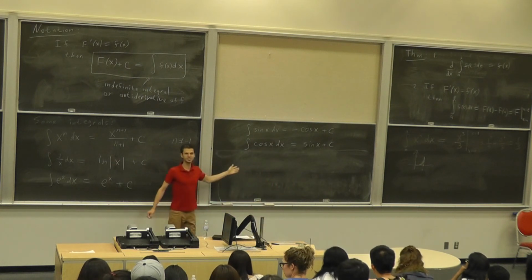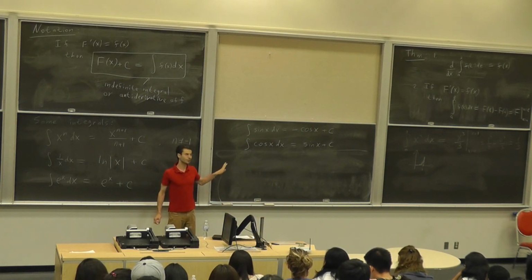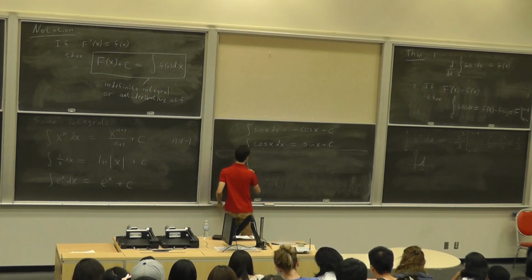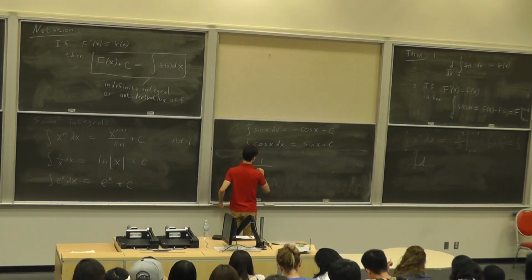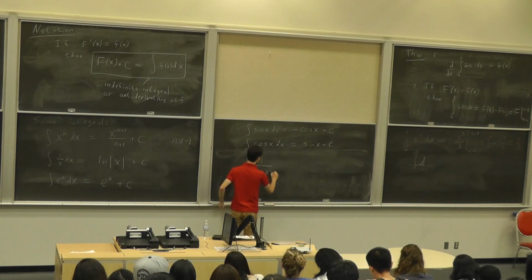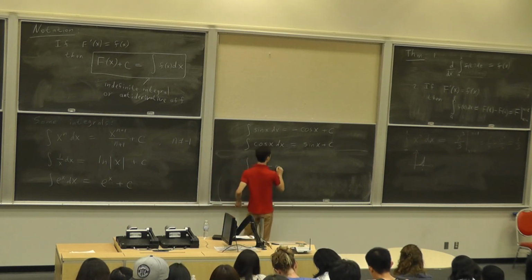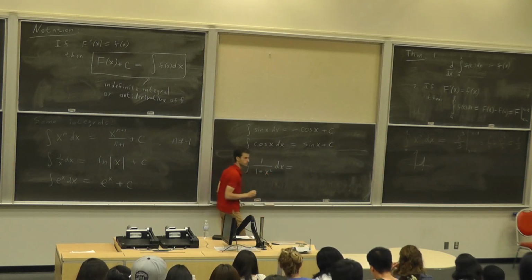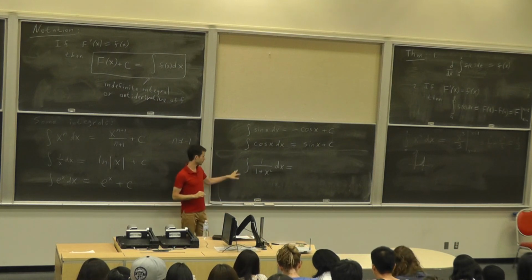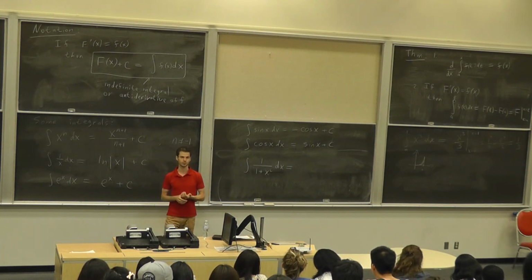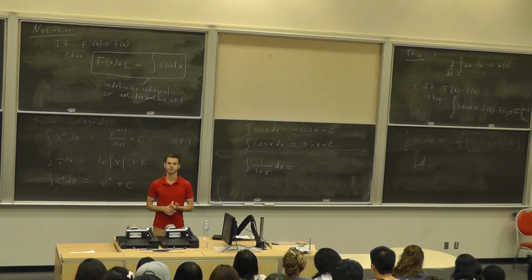And before we finish this list, I'll recall one more important function. Function whose derivative turns out to be 1 over 1 plus x squared. Does anyone remember a function whose derivative is 1 over 1 plus x squared?